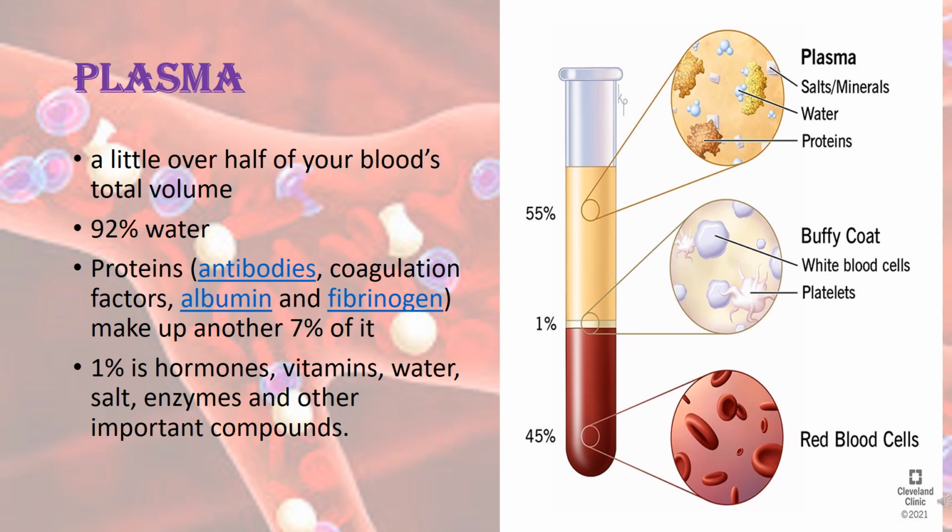Other blood cells, like red blood cells, white blood cells, and platelets, mix in with the plasma, which carries them to every corner of your body. Plasma is about 92% water. Proteins, antibodies, coagulation factors, albumin, and fibrinogen make up another 7% of it. The other 1% is hormones, vitamins, water, salt, enzymes, and other important compounds.